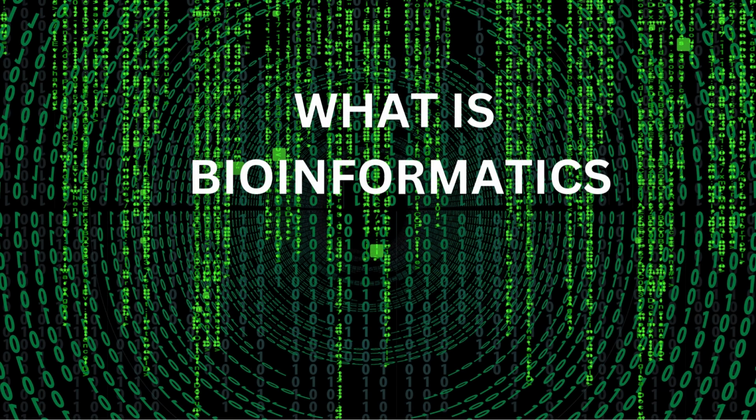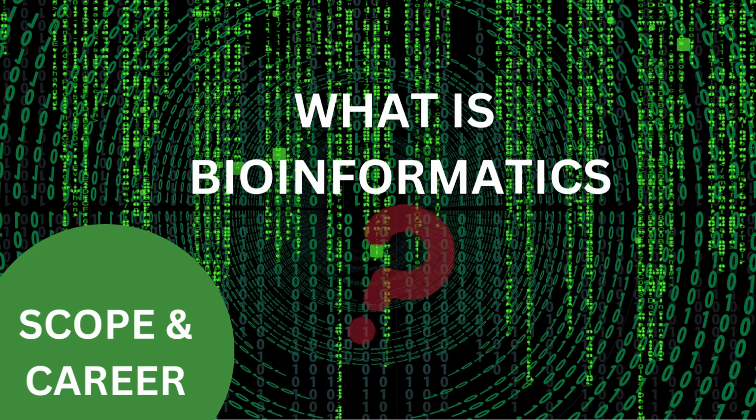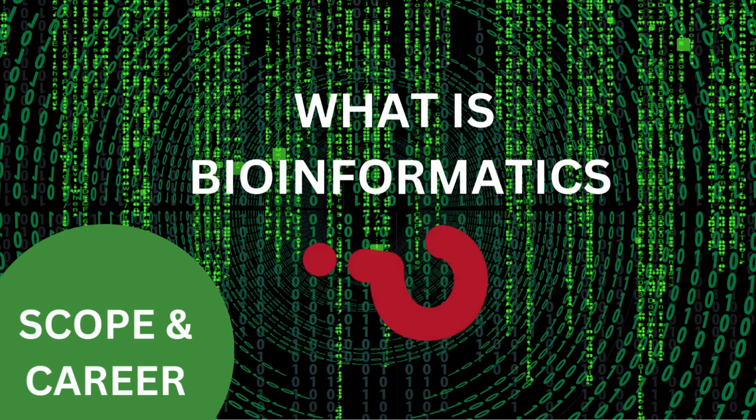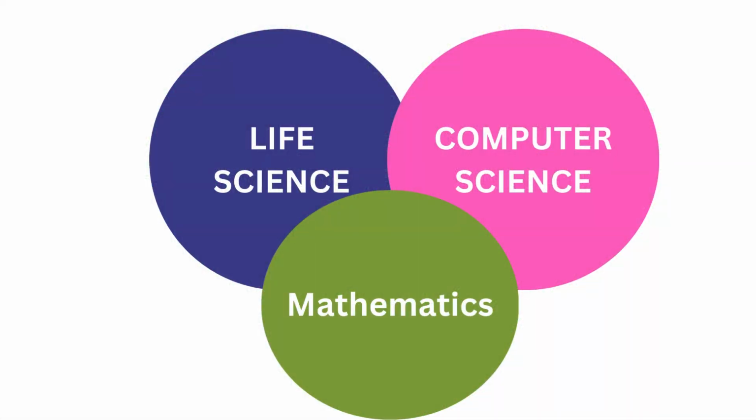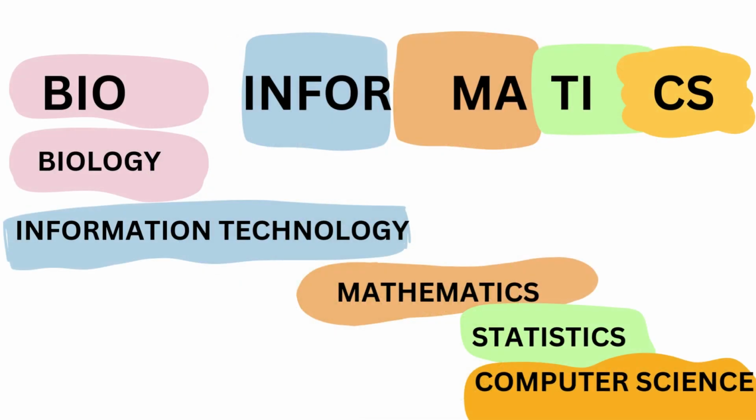Before we begin, we must first understand what is bioinformatics. Bioinformatics is the intersection of biology, computer science, and mathematics. It is a field that is revolutionizing our understanding of life and improving human health. When broken down, the term bioinformatics reveals its meaningful components.